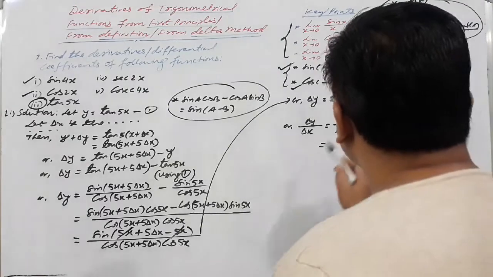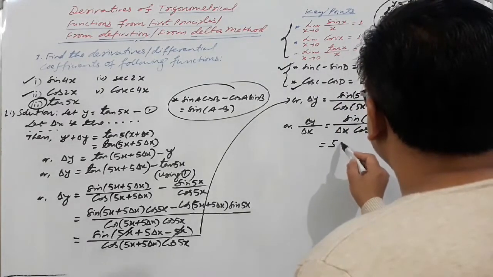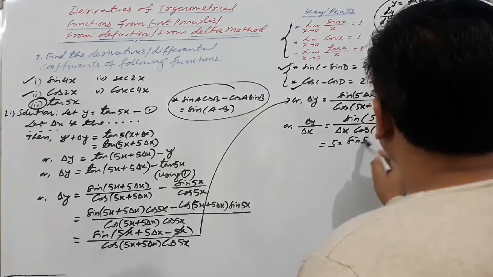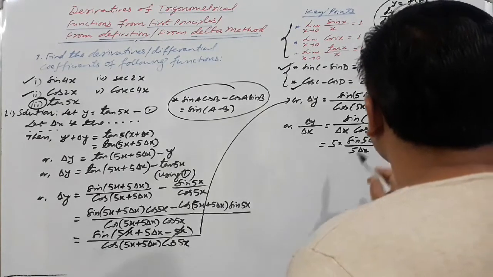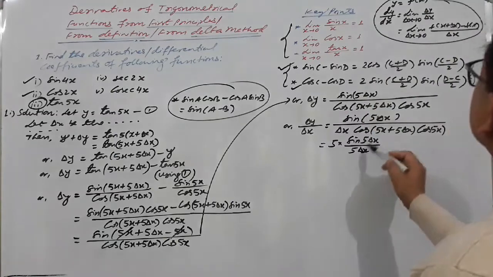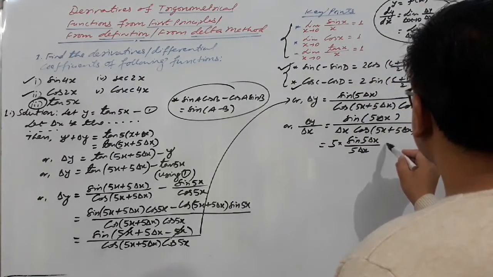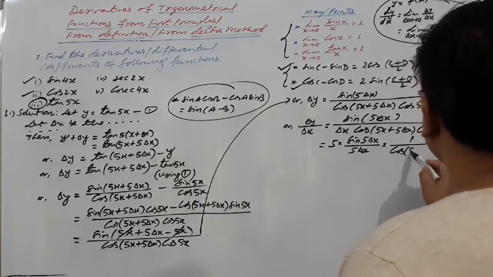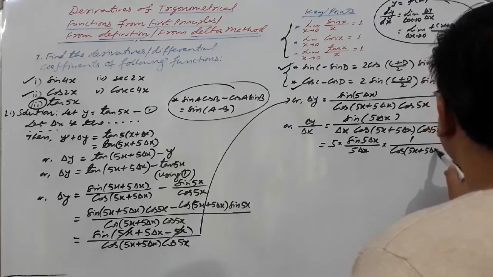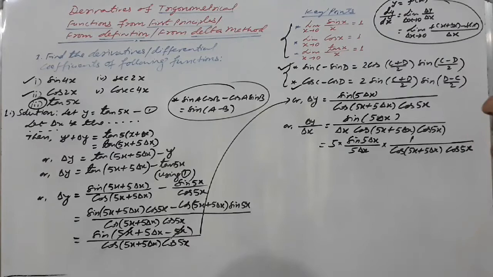So I'm going to do a little bit of arrangement here: 5 times sine of 5 delta x over 5 delta x, to make it the same so that I can use this formula or theorem, and times 1 upon cos 5x plus 5 delta x times cos 5x.